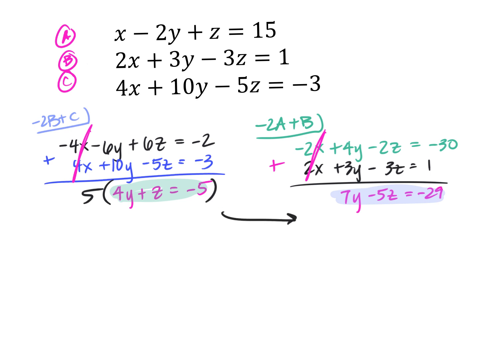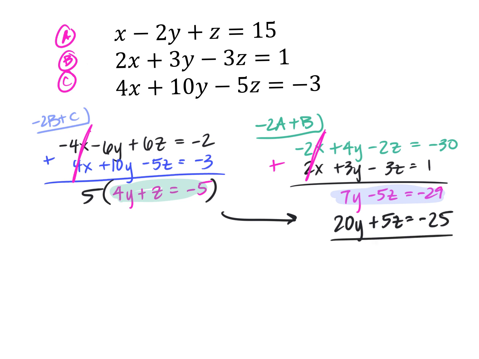How many Y's would I have if I multiplied this guy by 5? 20 Y's. Plus 5 Z's equal -25.